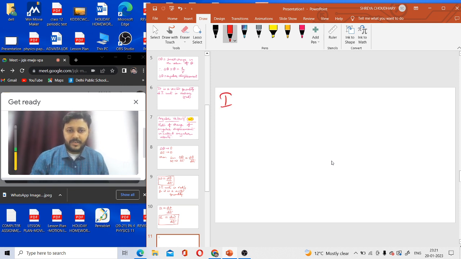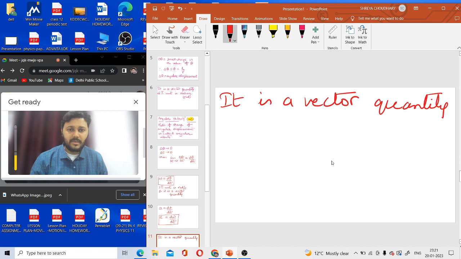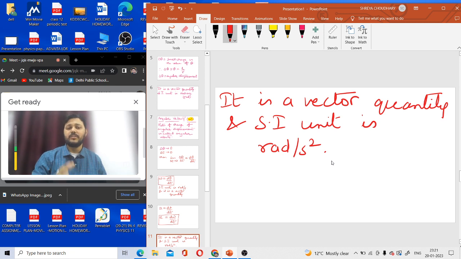It is a vector quantity, and the SI unit is radian per second square. Okay, so again, we got a few formulas. The first formula is of angle theta, that theta is equal to arc upon radius.